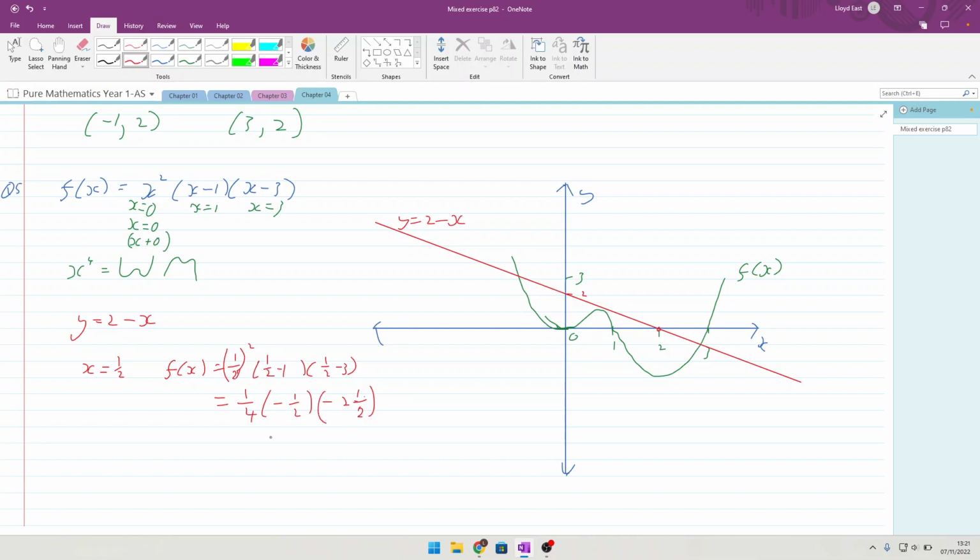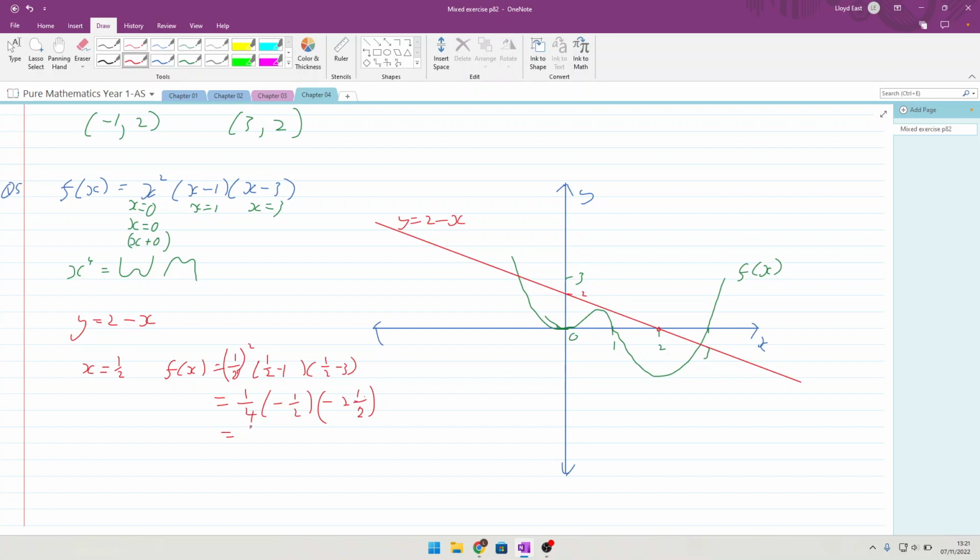Okay, and when we multiply that together, we get 2.5 times 0.5 times 0.25, and we end up with 5/16.